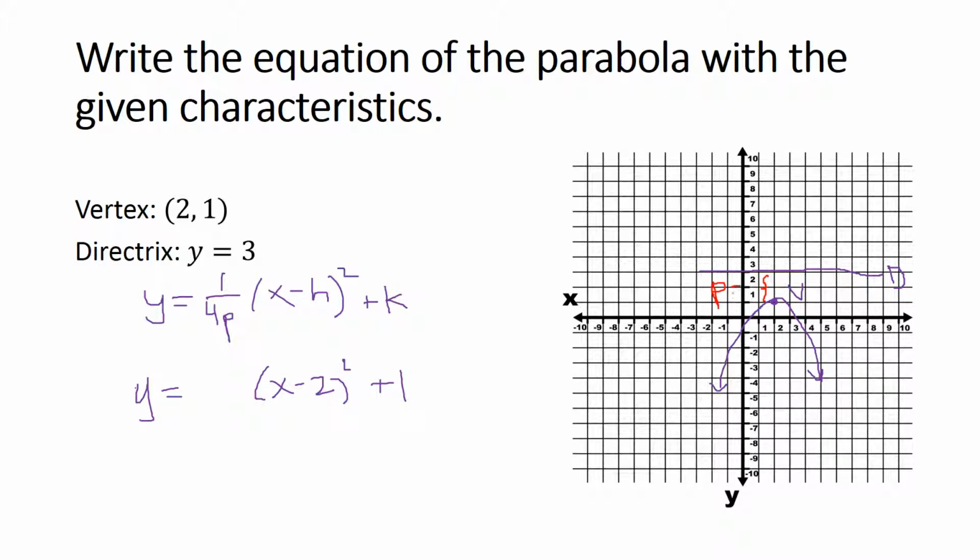The directrix and the vertex are 2 units apart, so p equals 2. If I plug in a 2, I would have 1 over 4 times 2. And because this function is pointing down, I need to put a negative in the front. So my final answer would be y equals negative 1 over 8 times x minus 2 squared plus 1.